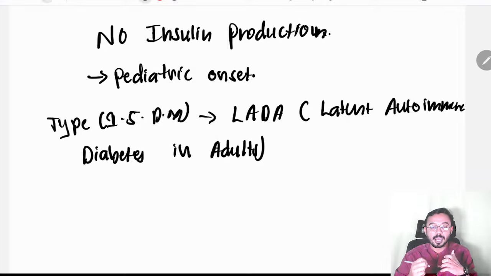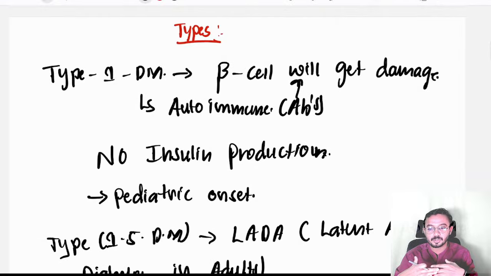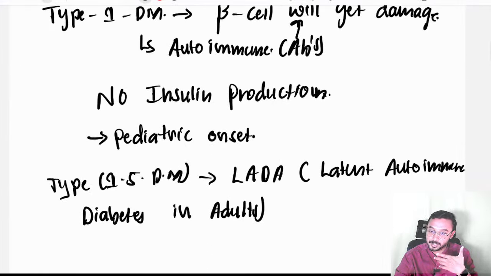If the autoimmune antibodies in adults destroy your beta cells, that is LADA, and in the pediatric age group, if the beta cells get destroyed by antibodies, that is type 1 diabetes mellitus. Everything is the same; in adults it is LADA, in pediatrics it is type 1 diabetes mellitus.